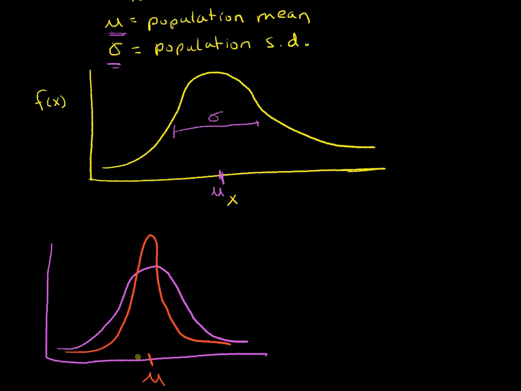However, one of them has a much smaller standard deviation, much smaller spread. For the red curve, sigma is smaller, the spread is smaller than sigma of the purple curve. So this is an example of two curves with the same mean, though different standard deviations.